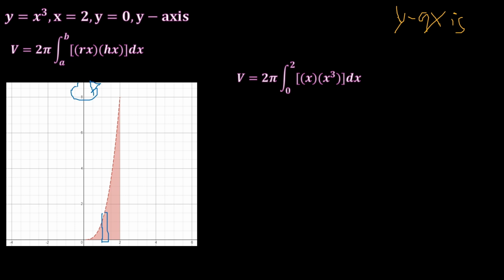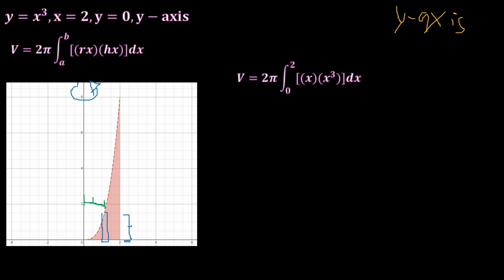Now, the radius, and note this because this helps me a lot too: the radius is always assumed to be the distance between this rectangular strip and the axis of revolution.